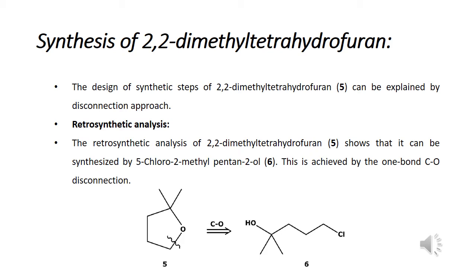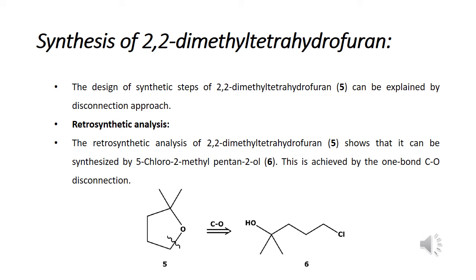Well, another example of a five-membered heterocyclic saturated compound is the synthesis of 2,2-dimethyl tetrahydrofuran. The design of the synthetic steps of 2,2-dimethyl tetrahydrofuran, structure 5, can be explained by the disconnection approach. Here you can see that between the unsubstituted carbon and oxygen, a wiggly line is placed, that is a C-O disconnection.